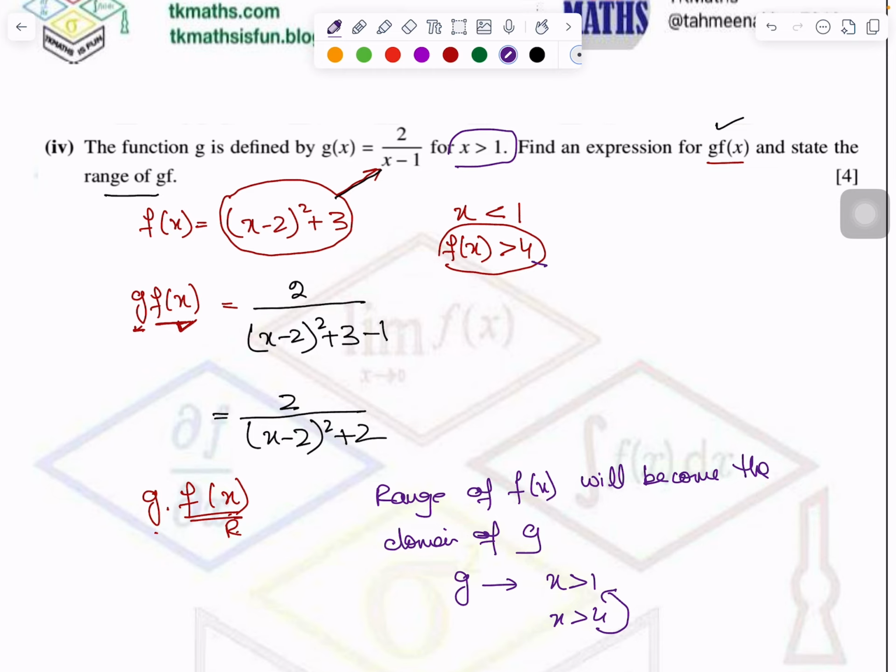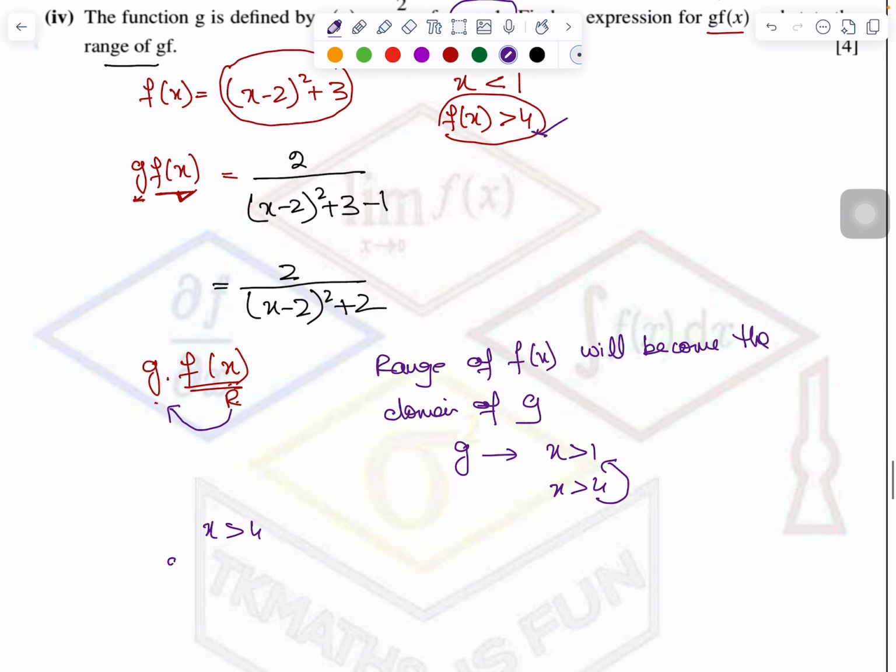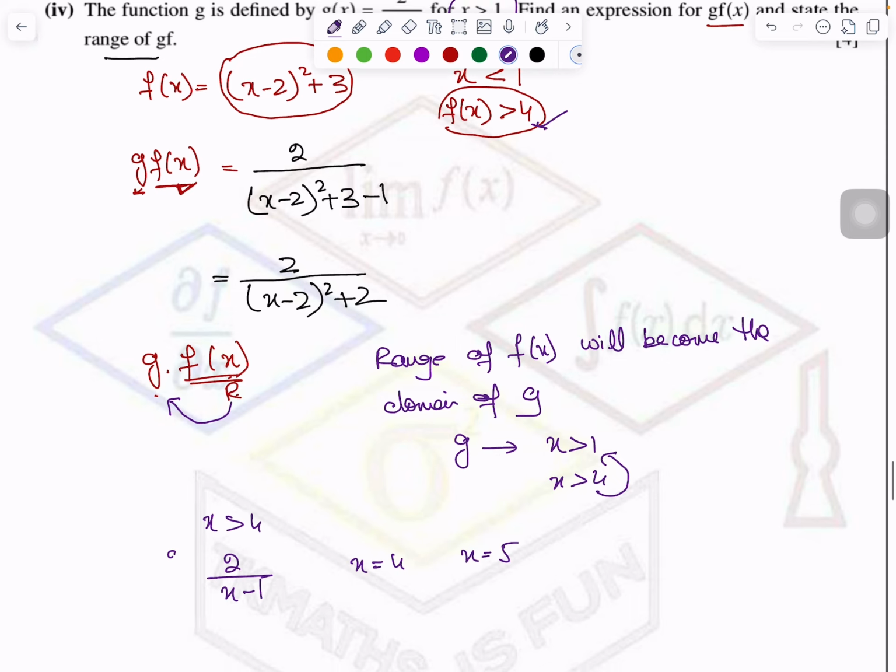So now we will follow this value. So if you see x greater than 4 for function g, because I am substituting the value of range of f in g, and g is given to me as 2 over x minus 1. So I am substituting x equals 4, x equals 5, just to show you here.